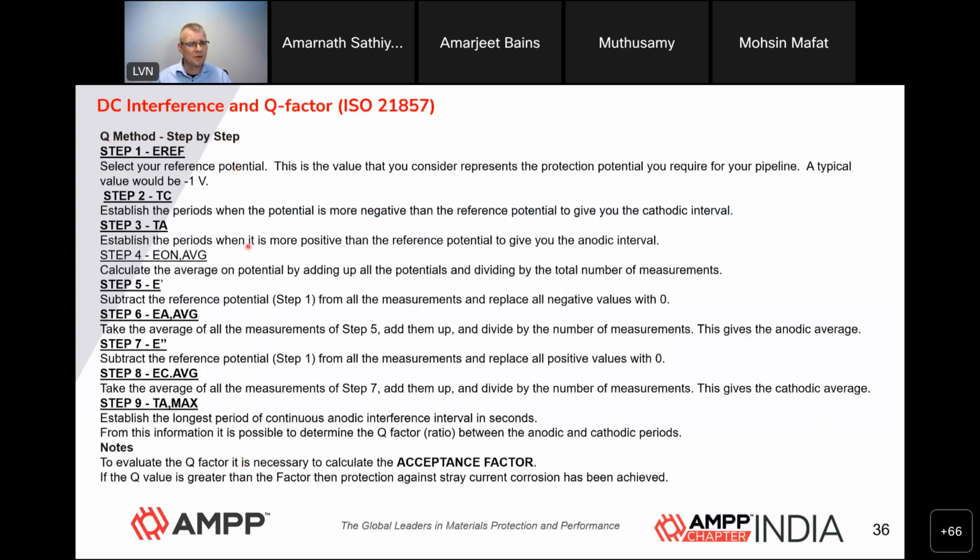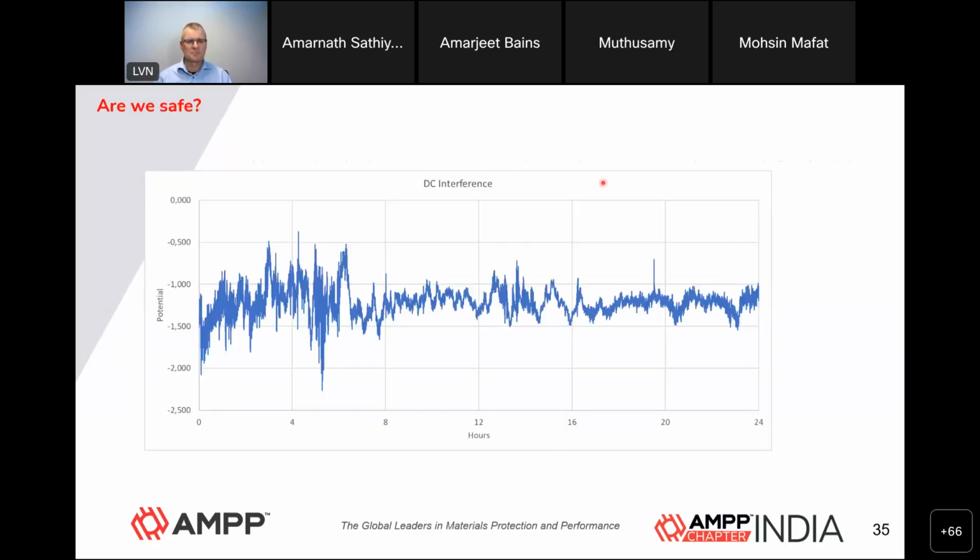The first step is to select a reference potential, which is a value that you consider represents the protection potential you require for your pipeline. So it's a little awkward and a little backwards. You actually start by guessing a potential that under these circumstances is meant to give you protection.